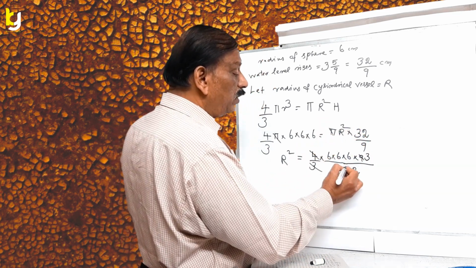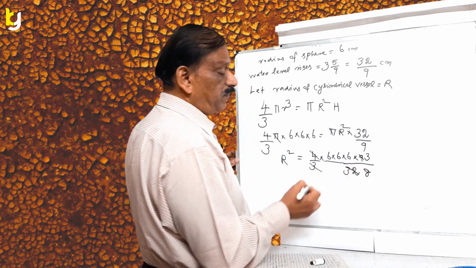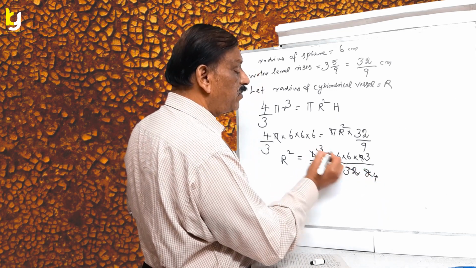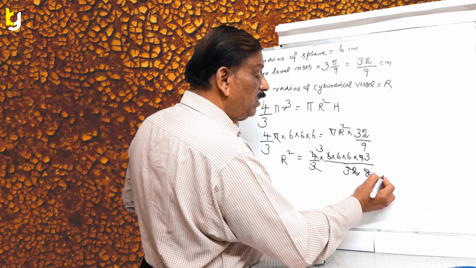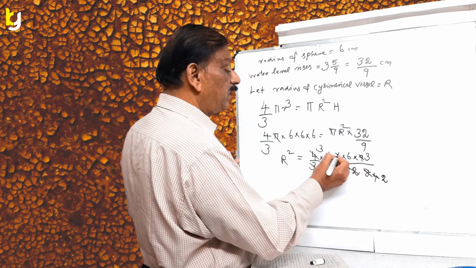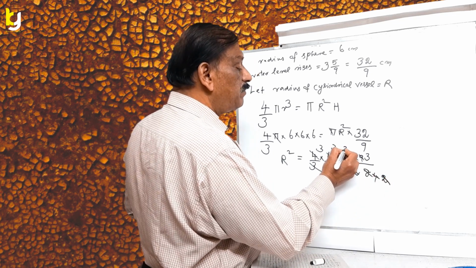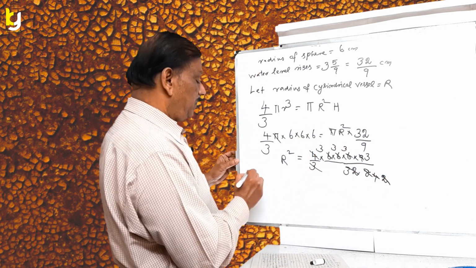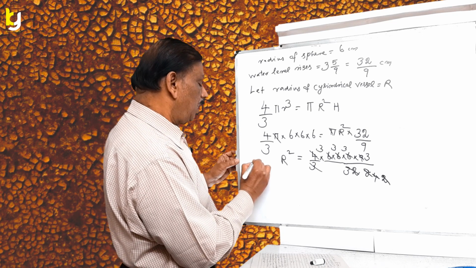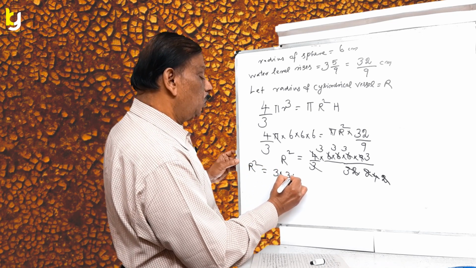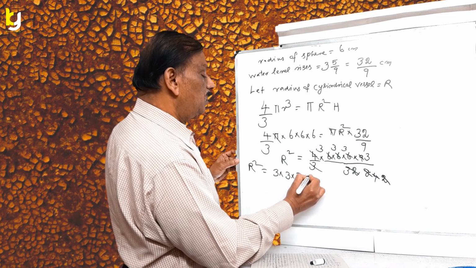Then 4 will go in 32 8 times. 2 will go 4 times, here 3 times. Then 2 again will go in 4 2 times, here 3 times. Then this 2 will go in 6 3 times. Therefore, capital R square equal 3 into 3 into 3 into 3.